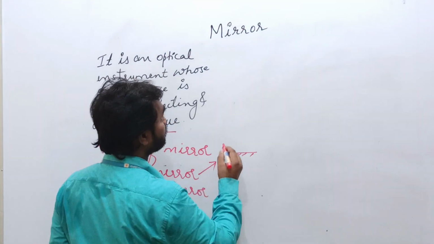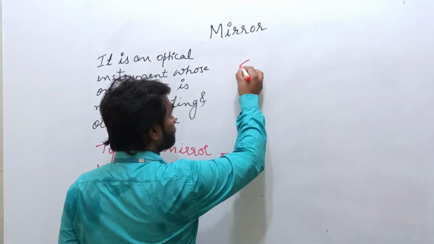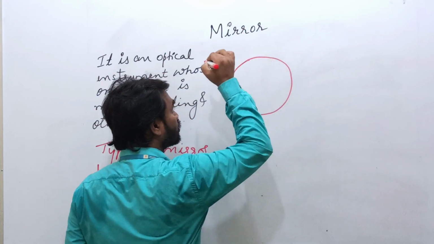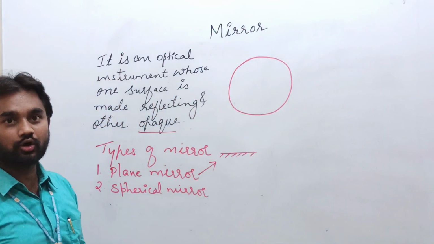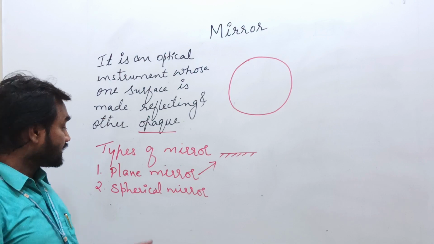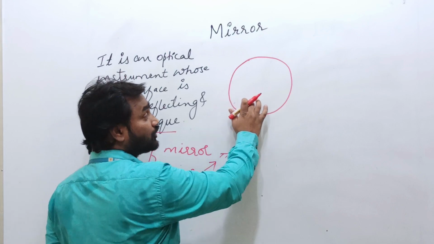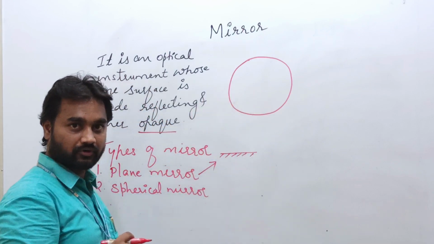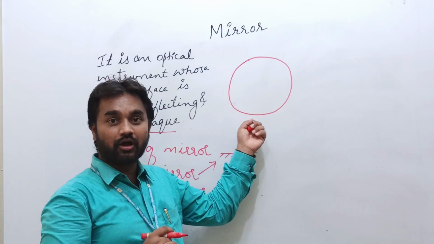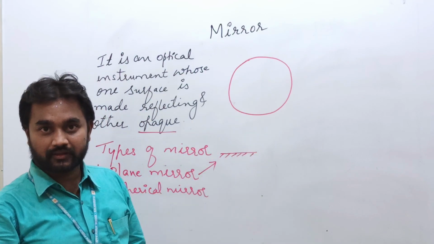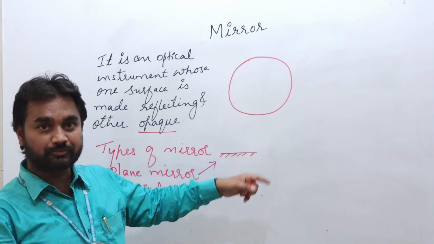Suppose I draw and show you: if I consider this as a hollow sphere, these spherical mirrors are part of this hollow sphere glass. How?